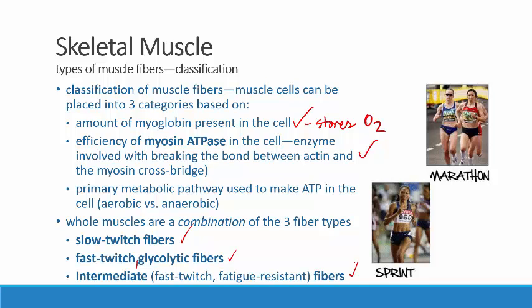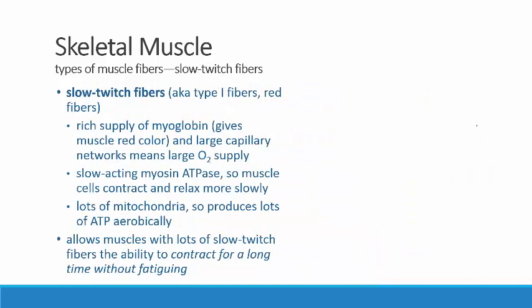Sprinters tend to have really thick, bunchy, heavy muscles in the legs, while marathoners, people who do long distance exercise like that, tend to have longer, thinner, leaner looking muscles, less mass to them. And that is because they are busy exercising and training very different muscle fiber types in their leg muscles as they do their work.